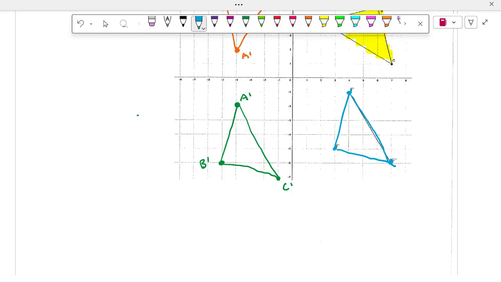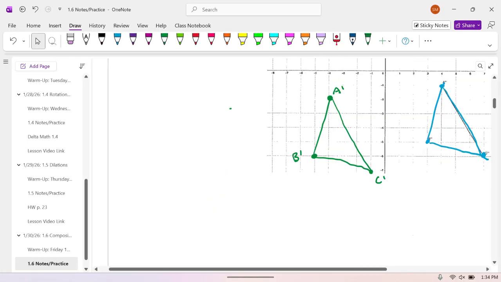Let's say you rotated 90 degrees and then you rotated 270 degrees, you would end up back where you started. Whereas if you did 270 and 90, same thing, you'll end up back where you started. So there are rare exceptions where order does not matter, but for the most part, order does matter. All right, so let's actually take some formalized notes on this.